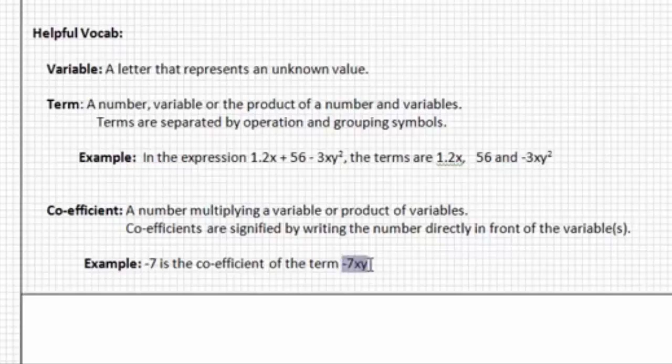So when we see this term, -7 is the coefficient. Up here, -3 would be the coefficient because it's the number being multiplied by the variables. And 1 2/10 would be the coefficient because it's the number being multiplied by x, and there is no operation signs between them.